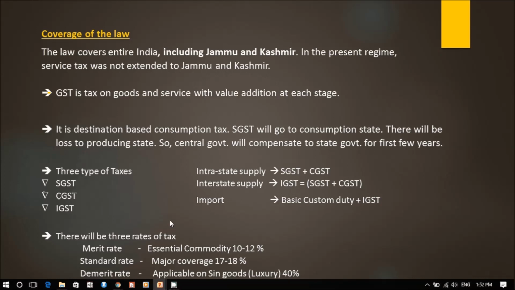Now he will charge tax at the rate of 10% on 120, that is 12 rupees, from Mr. Z. But the actual burden is only 2 rupees, that is 120 minus 100, 20 rupees into 10%, that is 2 rupees.